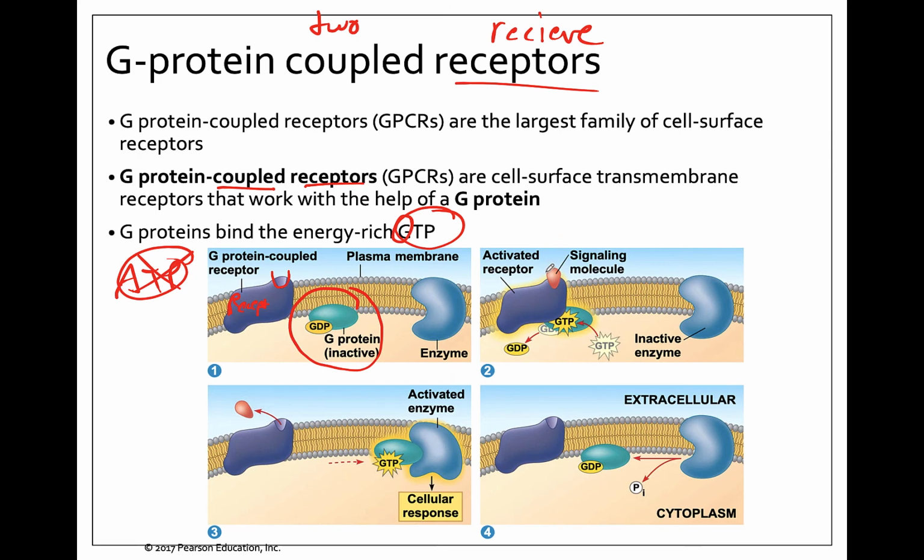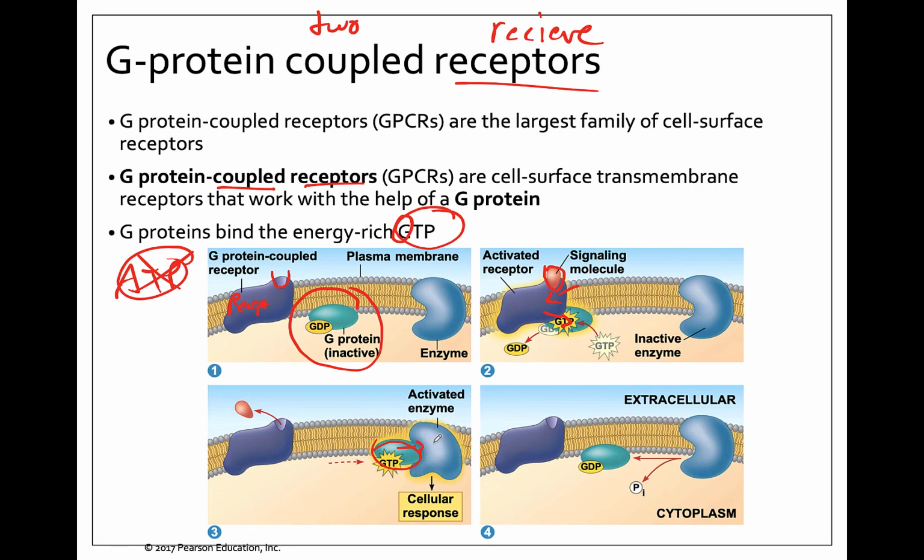When the receptor receives the signal, so the ice cream cone fits into that spot, what happens is it changes the shape of the receptor, which is going to trigger the G protein to go ahead and use a GTP. That GTP is going to change the shape of the G protein, which is going to cause it to move inside of that membrane, and then it's going to activate some sort of next step.